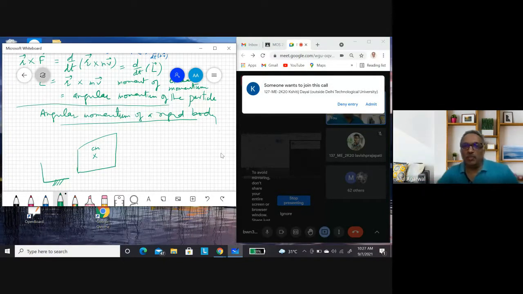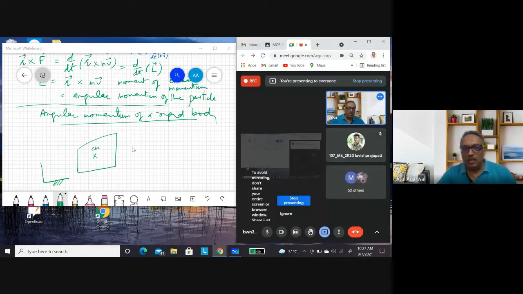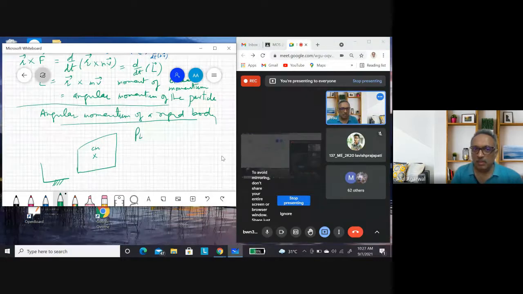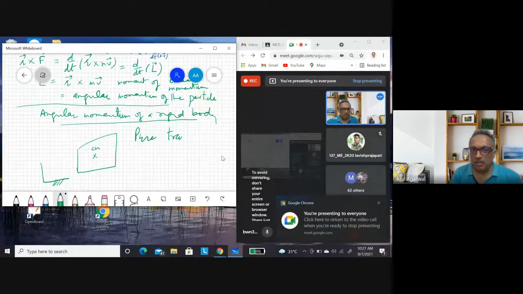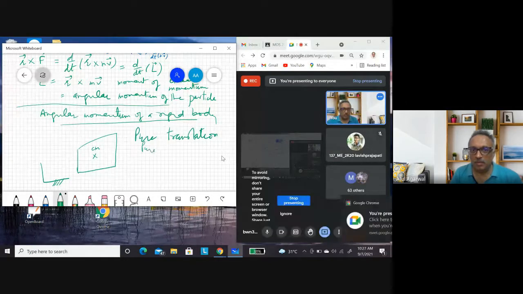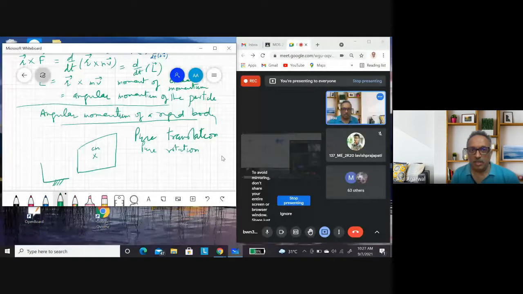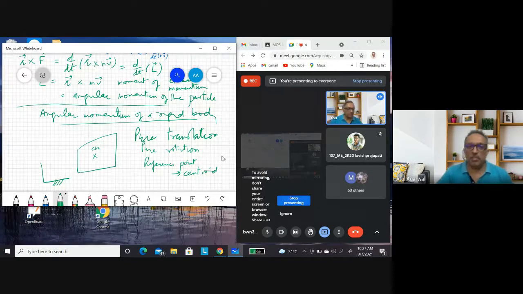So you can split the motion by using Chasles' theorem into pure translation and pure rotation. For example, you take the reference point as the centroid. It can be any other point. Choosing the centroid makes your equations of motion simpler.